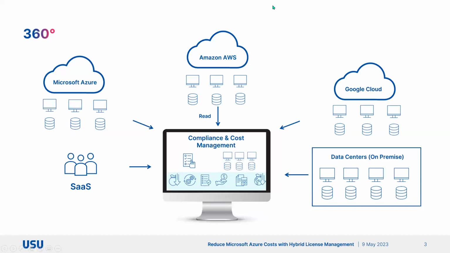What is the challenge of bring your own license management? Yeah, big organizations these days typically have many environments, so they might still have data centers. But almost every organization has a cloud strategy and already migrated lots of workloads from on-prem to the clouds, mainly Azure, AWS, and Google is what we are seeing.